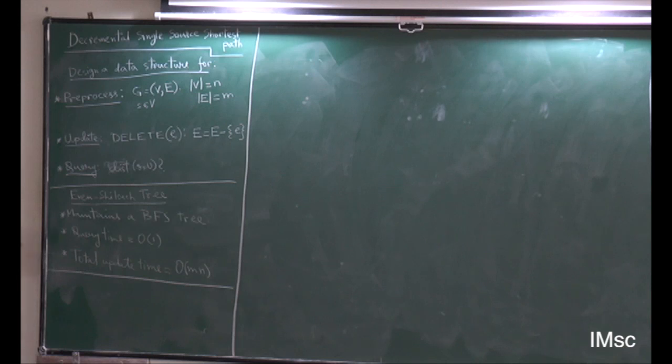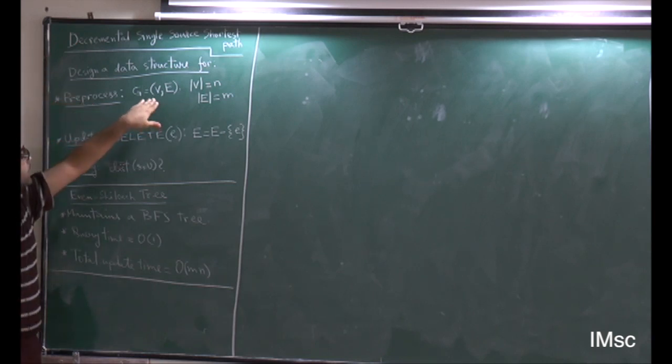So, in the last class, we gave a dynamic algorithm for the decremental single source shortest path problem. And recall that in this problem, we are asked to design a dynamic data structure that supports the following operations.